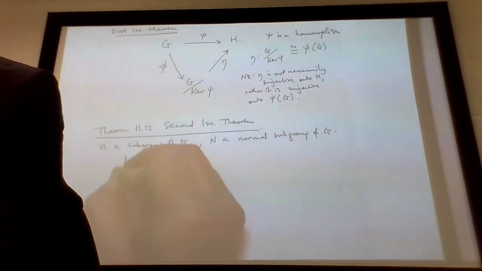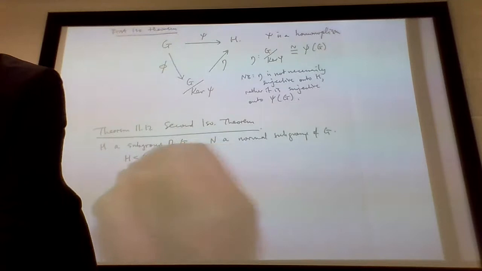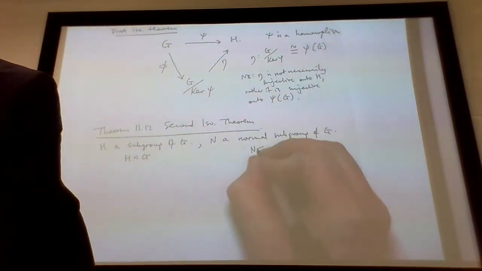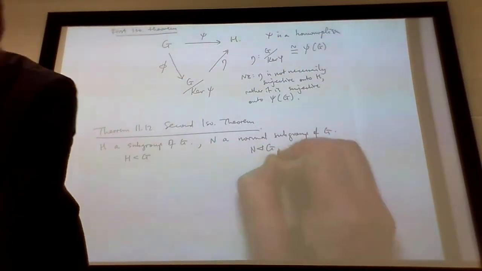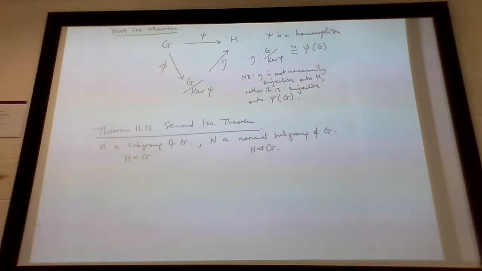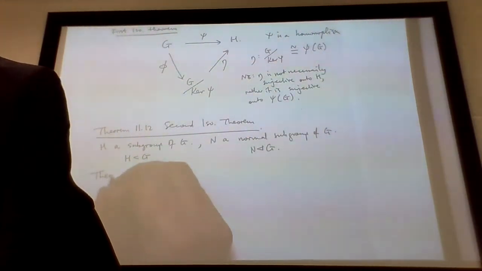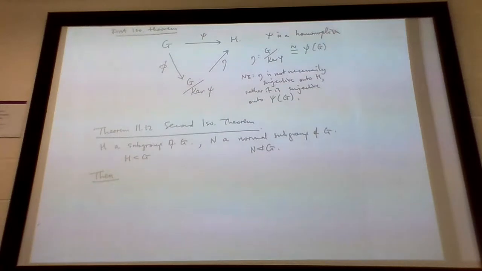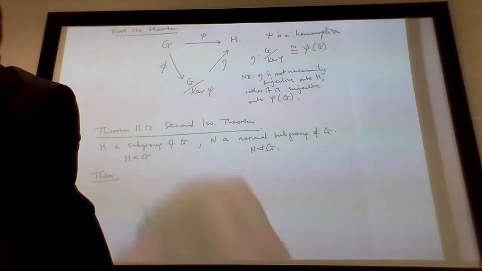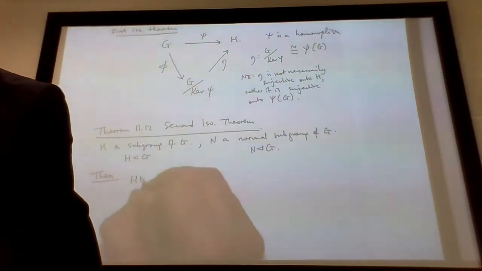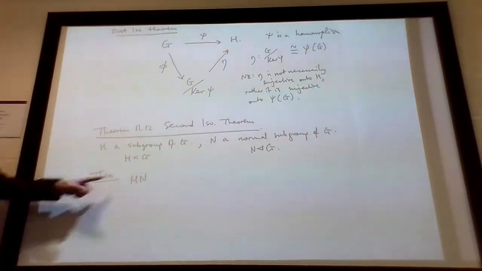So Jan was using this notation. H less than G means H is a subgroup. N with the triangle less than G means N is a normal subgroup of G. Then the conclusion is the product, which is a product of subsets.